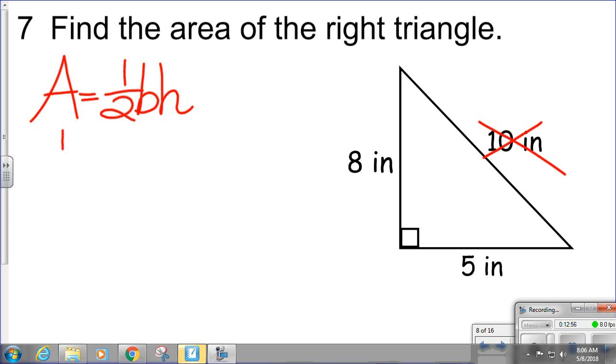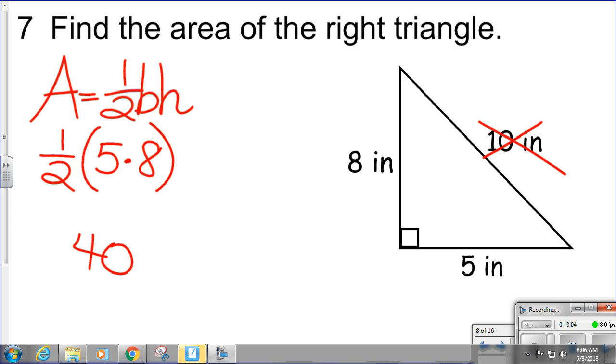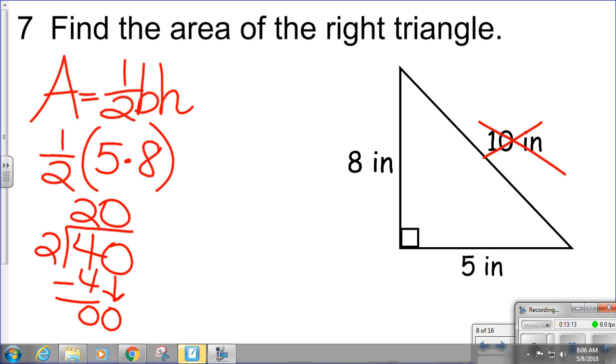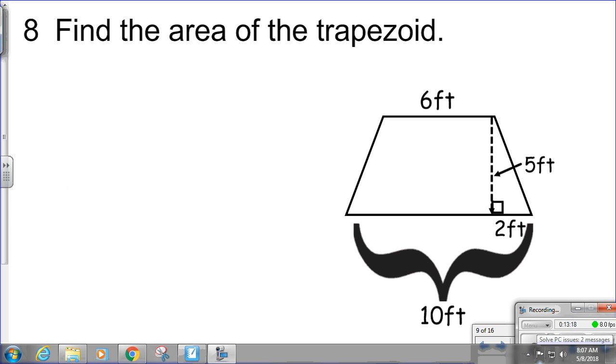Okay, so 1/2 of 5 times 8. 5 times 8 is? Will I divide this answer by 2? Yes. 2 into 0 doesn't happen. 20 inches squared.